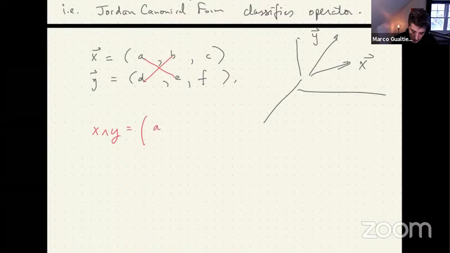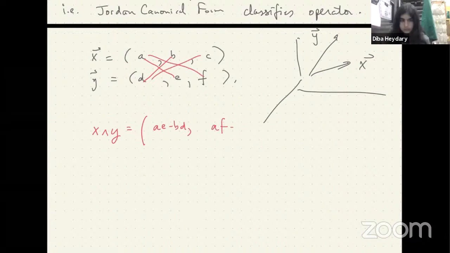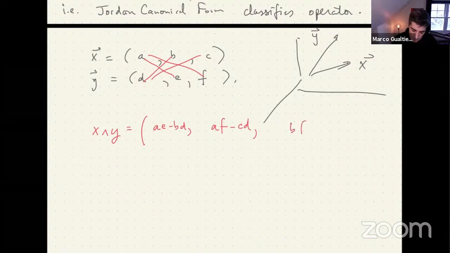So you'll have like AE minus BD, AF minus CD, and BF minus CE. Okay, roughly speaking.